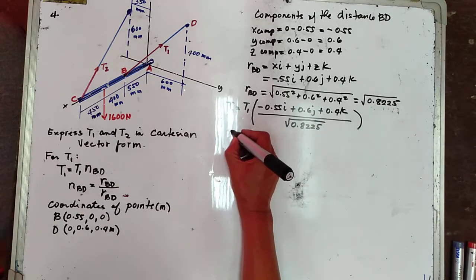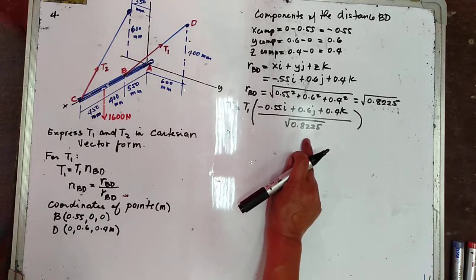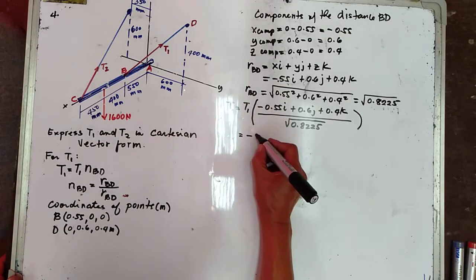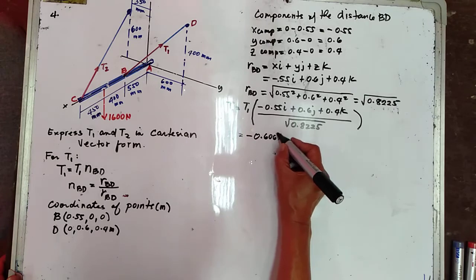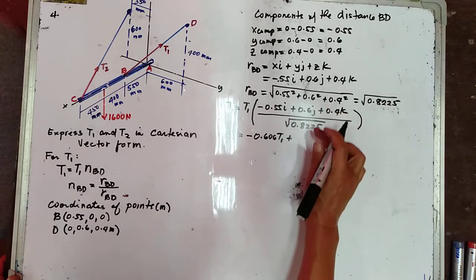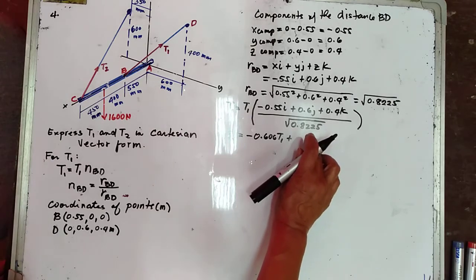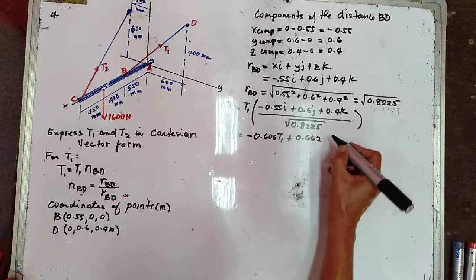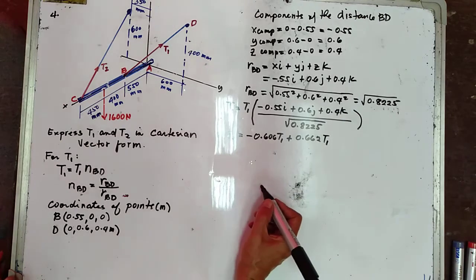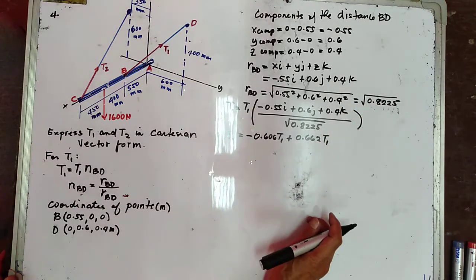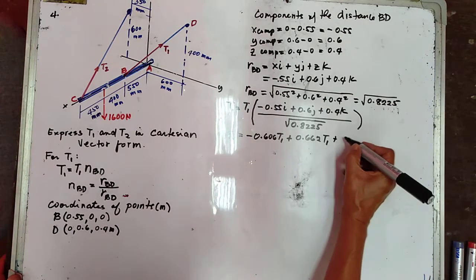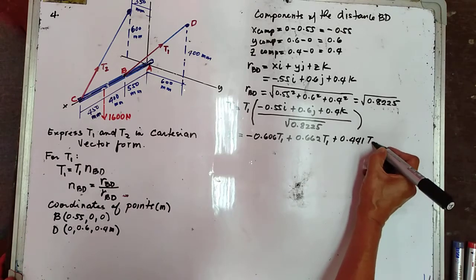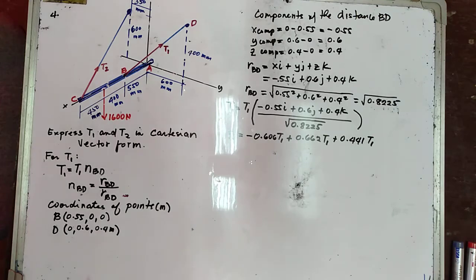So your T1 is now 0.55 over this, which is equal to negative 0.606 T1, plus 0.6 over the square root of 0.8225, which is 0.662 T1, and then 0.4 over the square root is plus 0.441 T sub 1. Okay, so that is the T1.